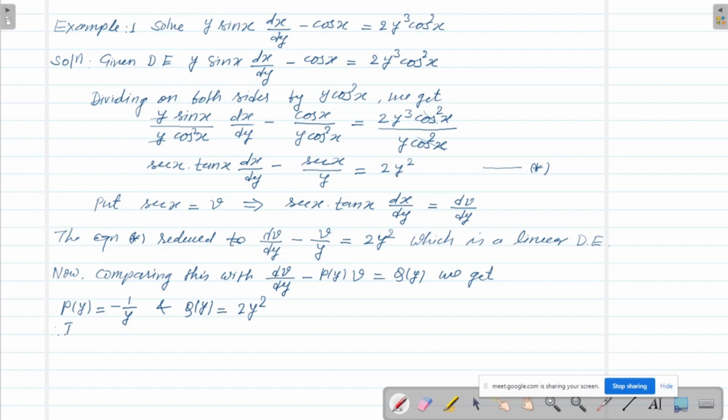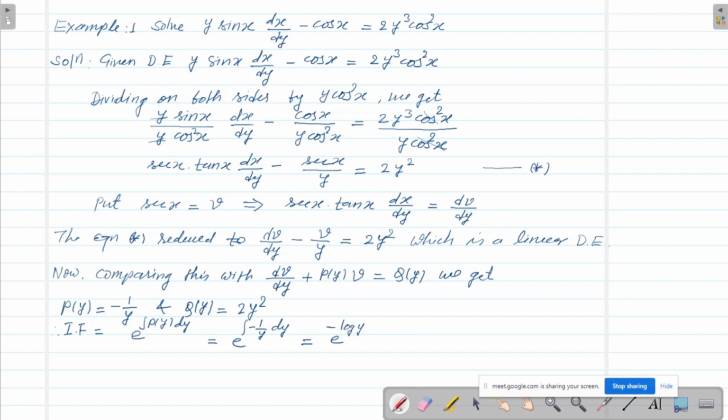Therefore the integrating factor. Yes, sir, you wrote P of y equal to minus 1 upon y, but the standard form has minus P of y, so take plus; okay? So the integrating factor is e raised to integration of p of y dy, just find out the integration. E raised to integration of negative 1 upon y dy is e raised to negative log of y, since integration of 1 upon y is log of y.